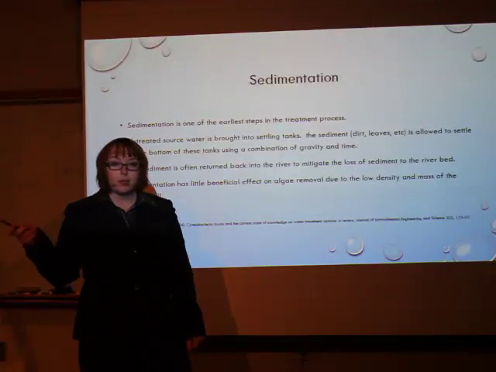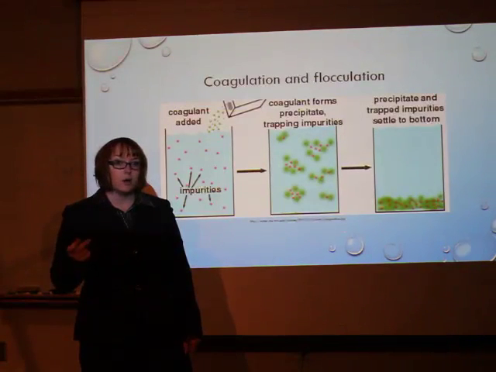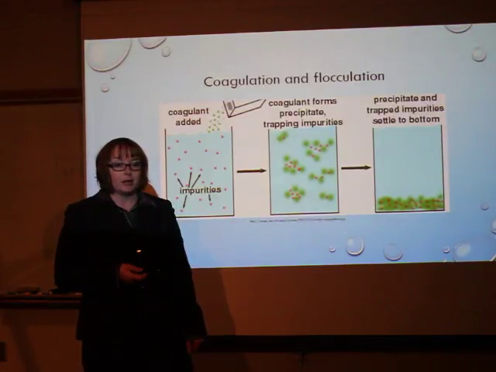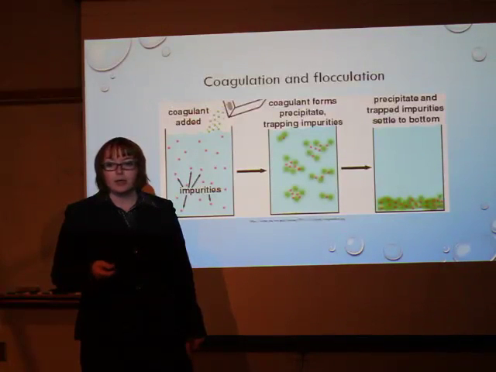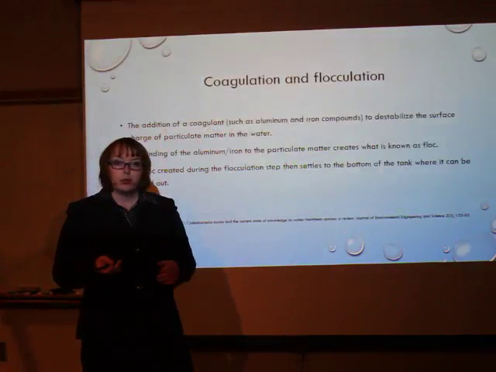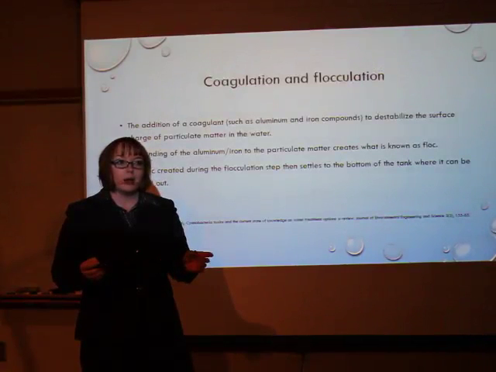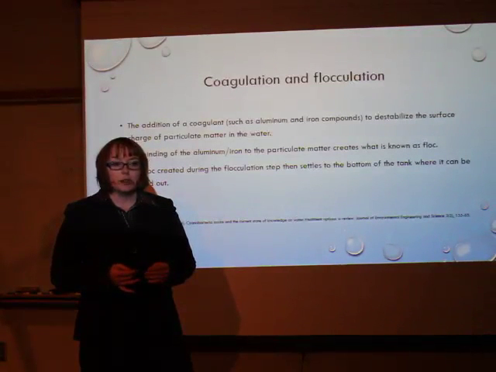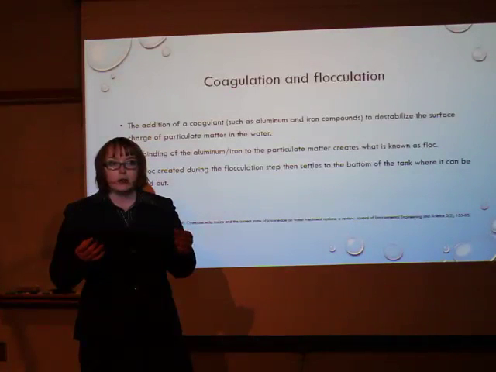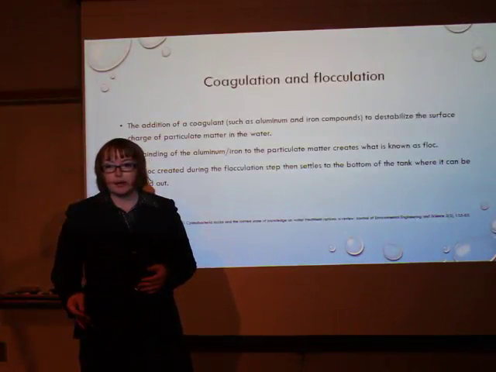From there, that water can be put through a process called coagulation and flocculation, and a coagulant, such as a metal, iron or aluminum, is added to water, and those charged metal particles of iron or aluminum can then bind to other charged particles such as dirt to then induce precipitation, where those particles then fall to the bottom of the tank and can be removed.